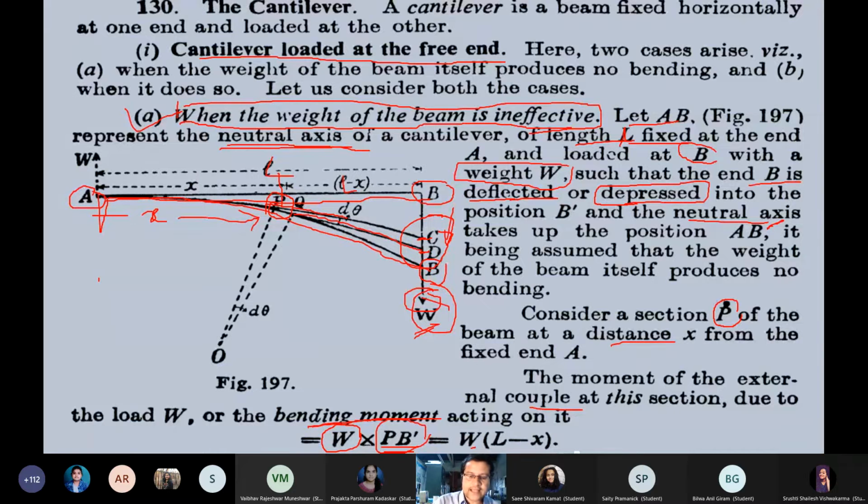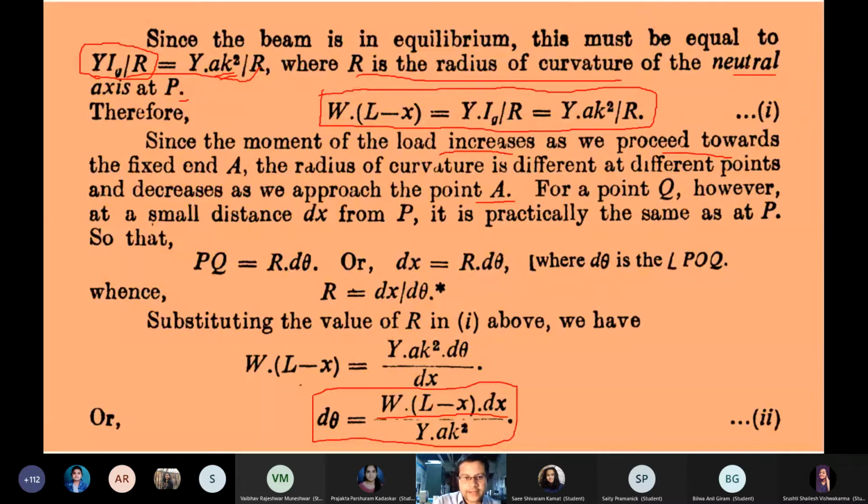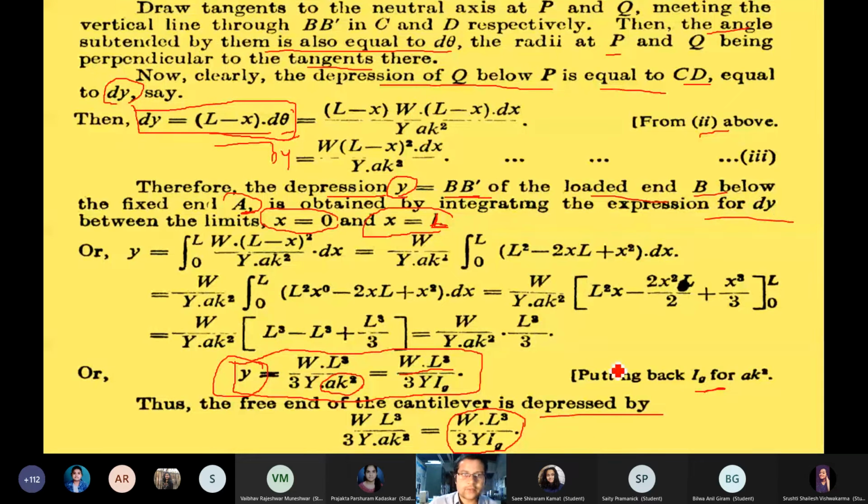That WL minus x is the magnitude of the bending moment. But we solved further to calculate the amount of depression, the deflection produced by this cantilever. So the free end of the cantilever is deflected by this amount.